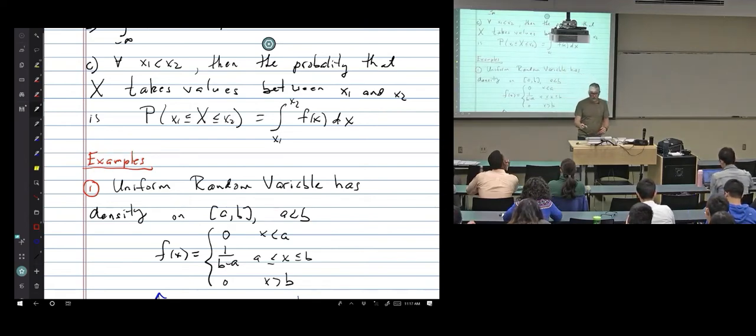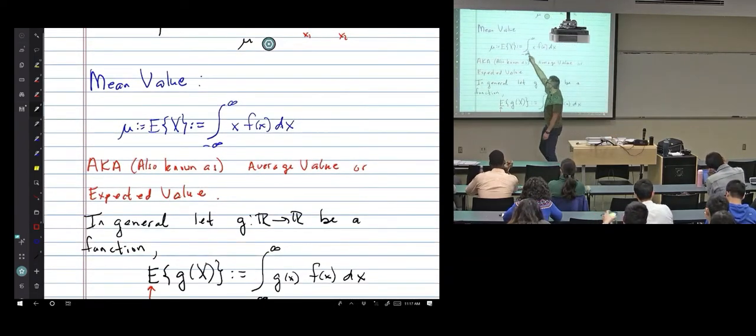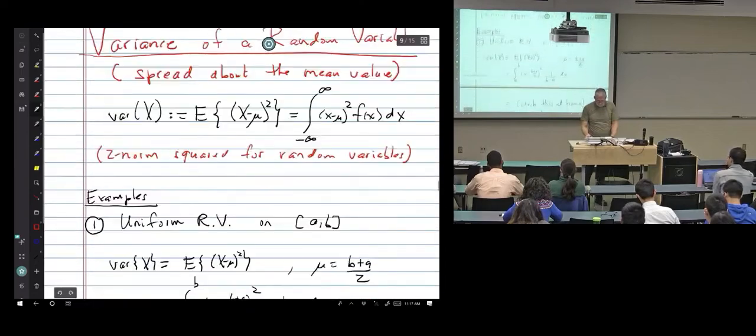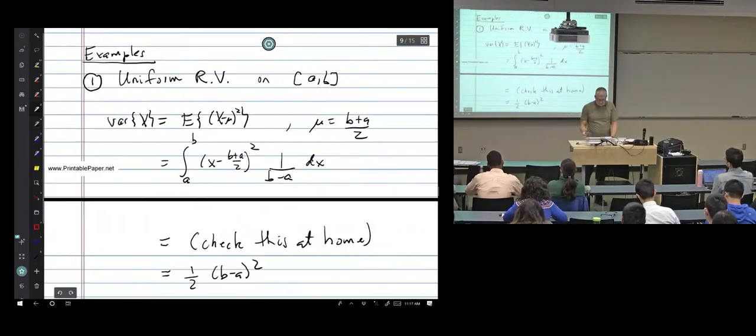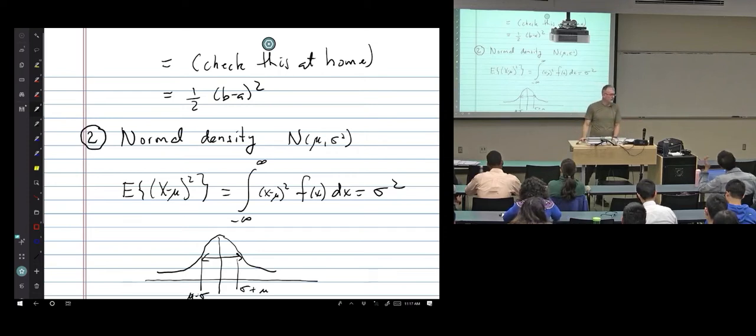And then we define the mean value. We define in general the expectation of any function g of x, and a really special function is x minus mu squared, and we get the variance, which is the spread about the mean. And these things that are called normal random variables or Gaussian random variables, they're parameterized by their mean and their variance, so we don't do any calculations at all. Okay, that's what we have so far.